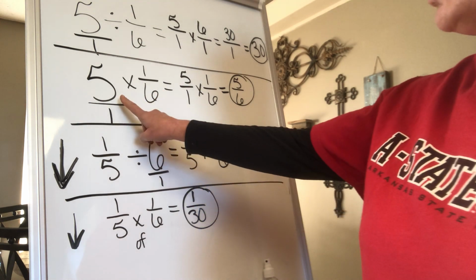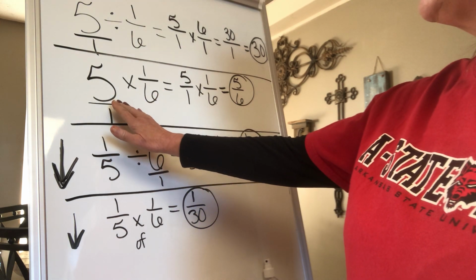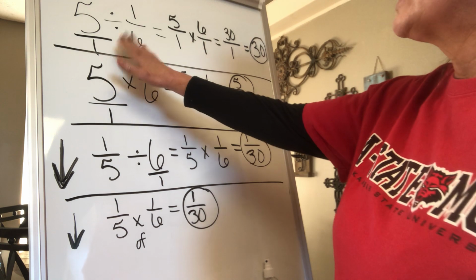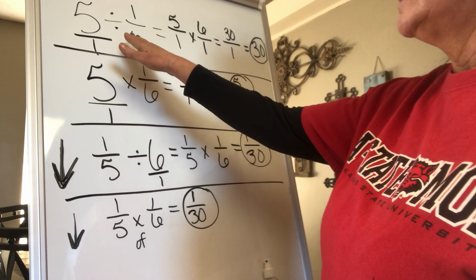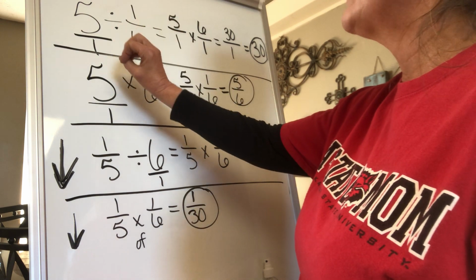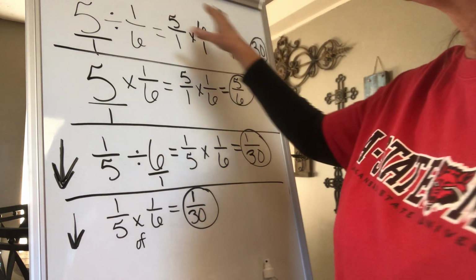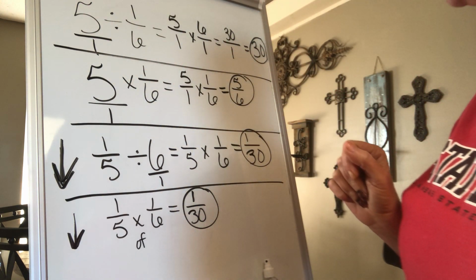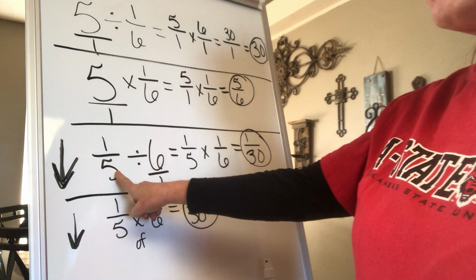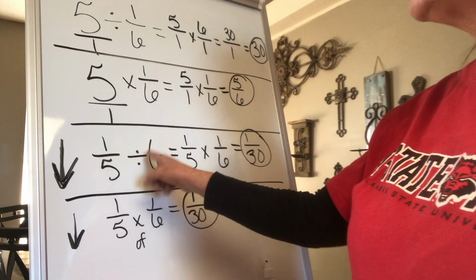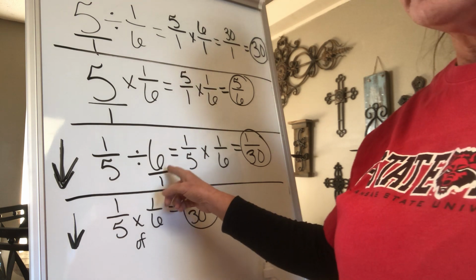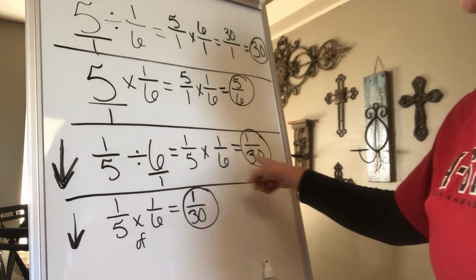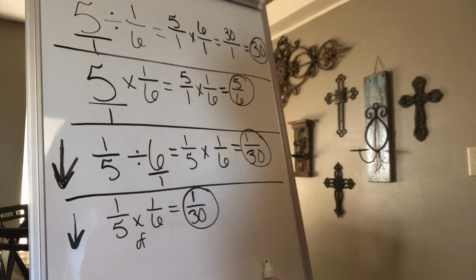So if you start with your whole number, and you're dividing by fractions, we know that that final answer is going to be larger than the 5 we started with. If we start with the fraction and we're dividing that fraction up again, then we know that our number is going to be smaller than what we started with.